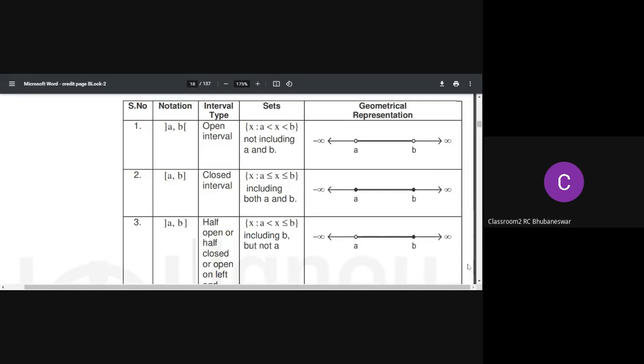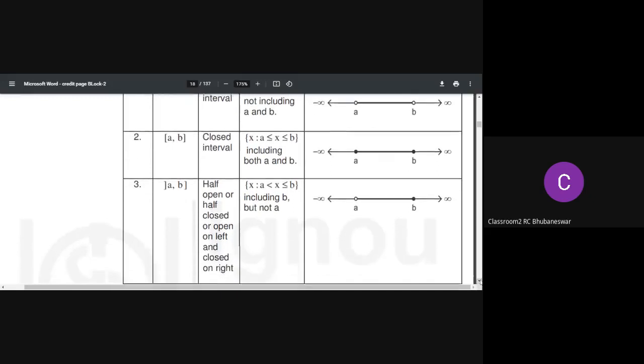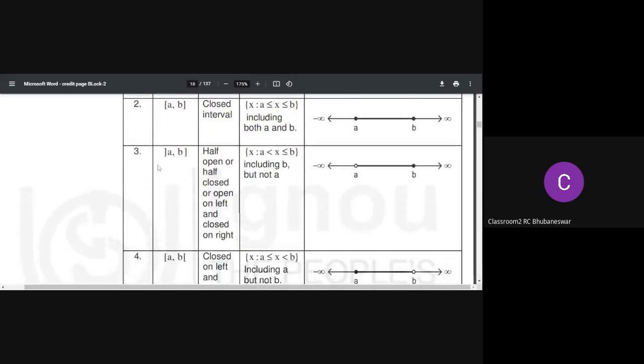Now the third kind of interval is the half open or half closed interval, and you can also say that it is left open and right closed, because if we focus on the left hand side of the expression, the left bracket at small a is open, so that is why it is left open and right closed. We can represent it in set builder form like this: a set containing all the values x such that x lies between a and b, but containing exactly the right hand side element, that is b.